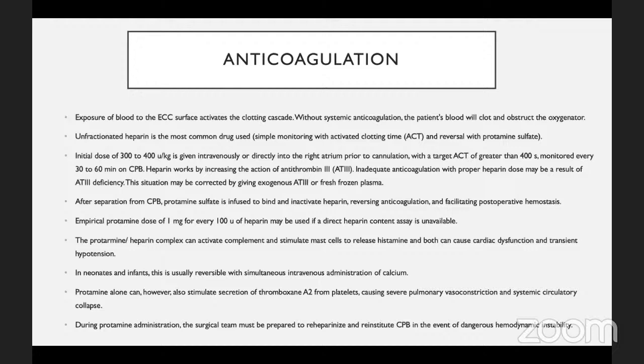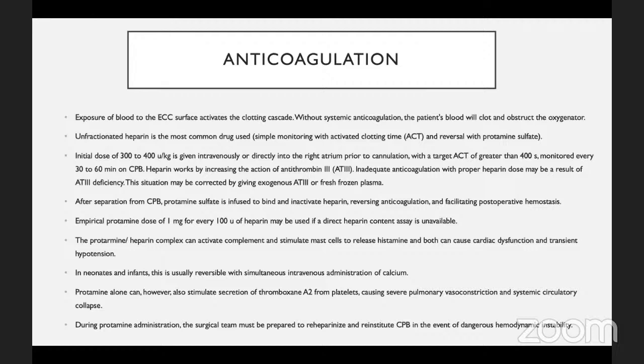Usually unfractionated heparin is used, the most common drug, because it is simple to monitor with ACT and reversal with protamine sulfate. The initial dose for heparin is 300 to 400 units per kg, given either intravenously or directly into the right atrium prior to cannulation.